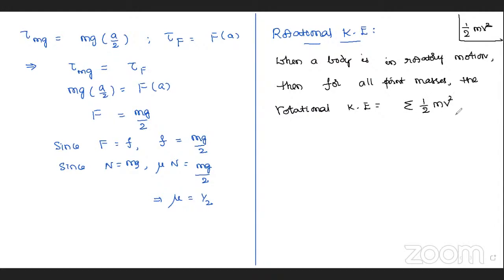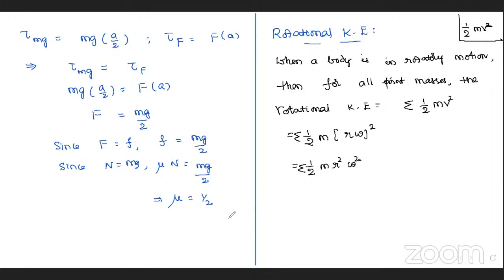Till now what we know. Okay, this is nothing but half m, v I replace with r omega. Will you accept this thing? Yes, yes. That one simply I write like mr square into omega square. Of course, sigma is there.